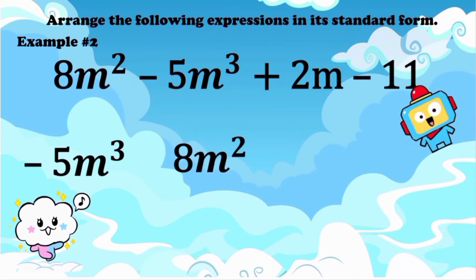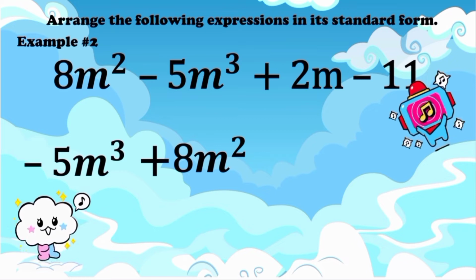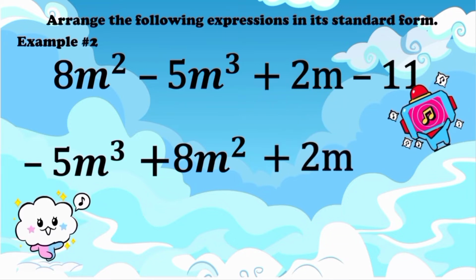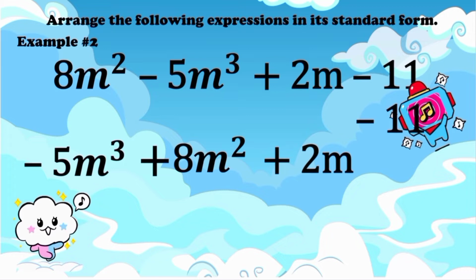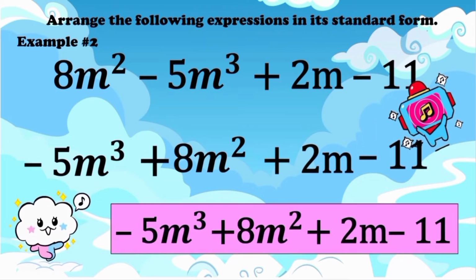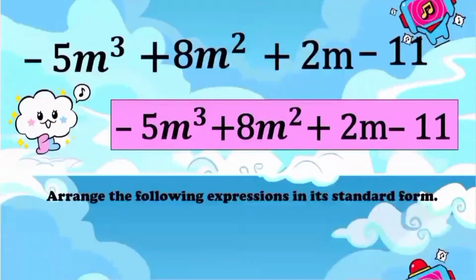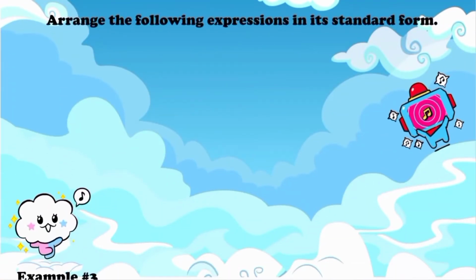Again, we have to add a plus sign in between terms. Our third term is positive 2m. And for our last term, we have negative 11, giving us the answer of negative 5m cubed plus 8m squared plus 2m minus 11.